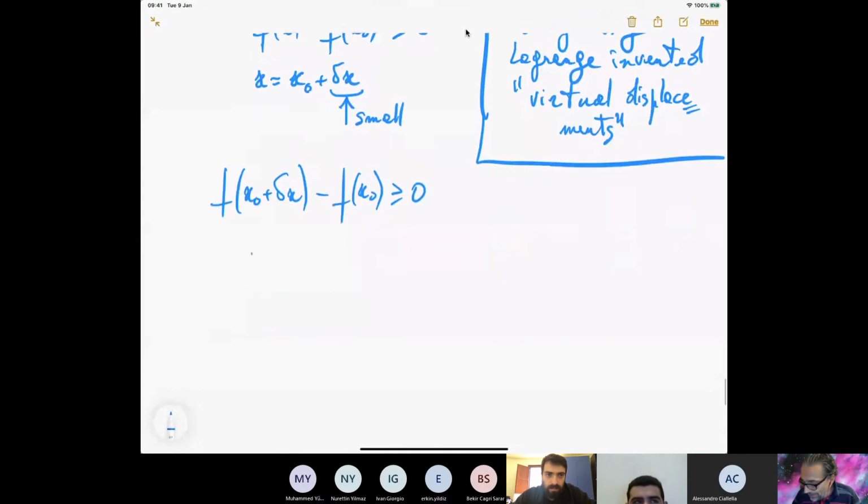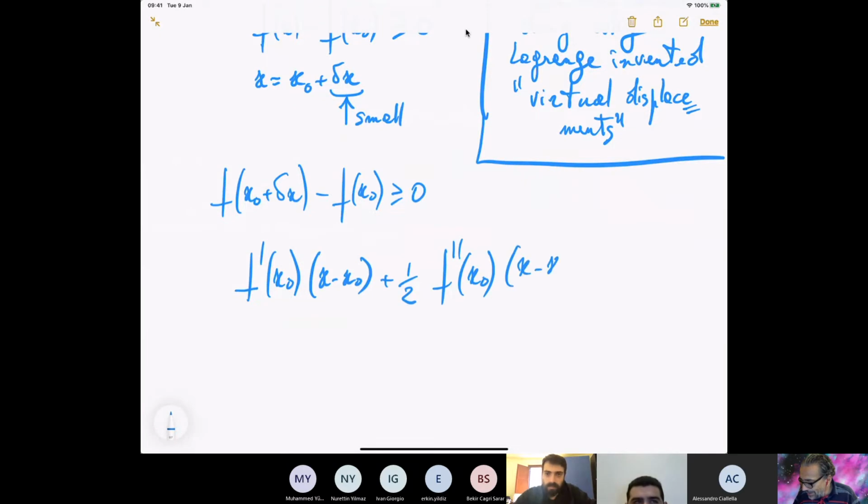So what you have? You have that f prime of x0 times x minus x0 plus 1/2 f second of x0 times x minus x0 squared is greater or equal than 0. Okay?